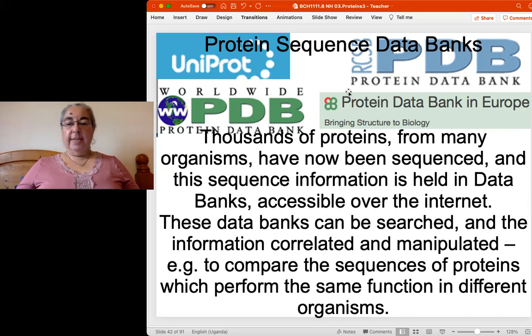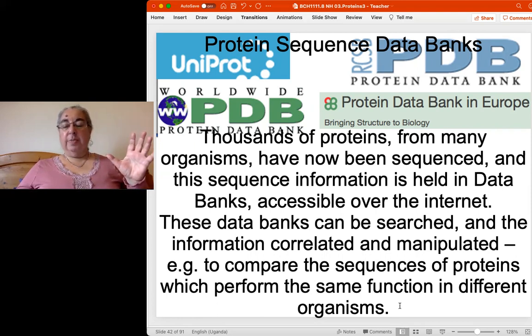Anyone can go to the data banks, look at the information there, use it in their research in whatever way that they need to. So one very usual thing that people do using protein sequences is to compare the sequence of proteins which can perform similar functions in different organisms, or proteins that are slightly different proteins performing a similar function in the same organism.